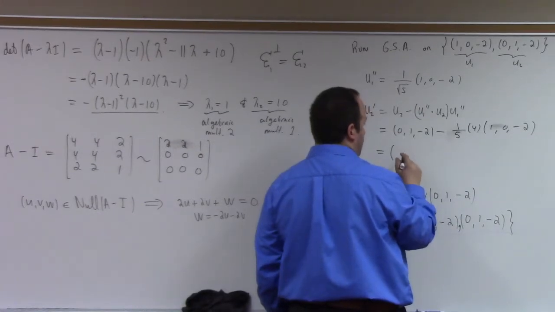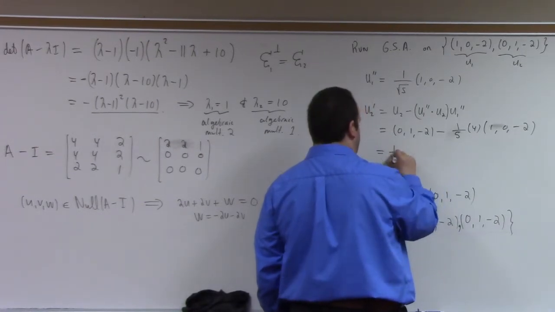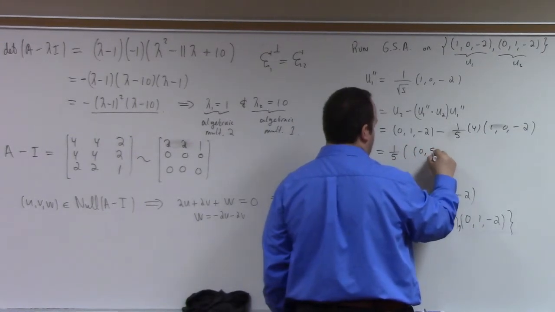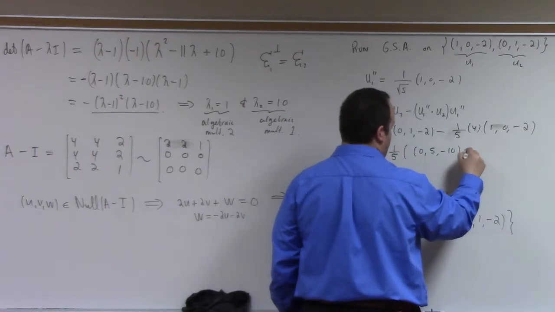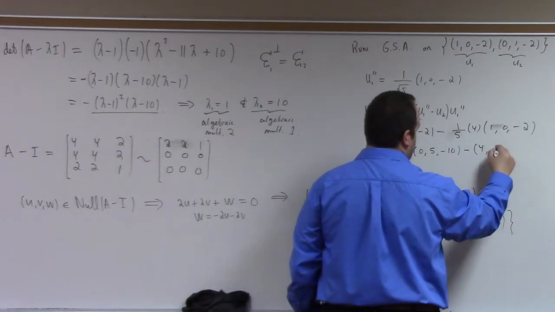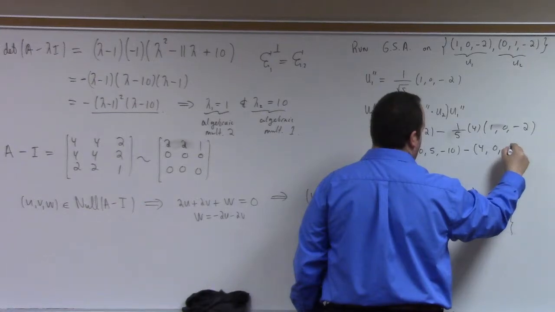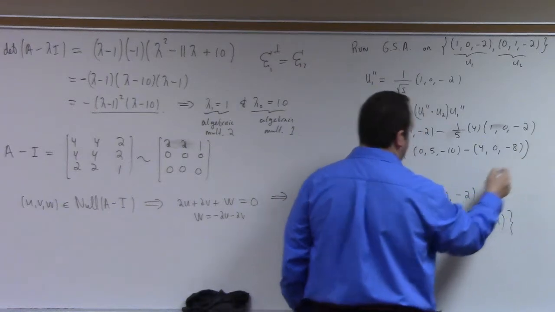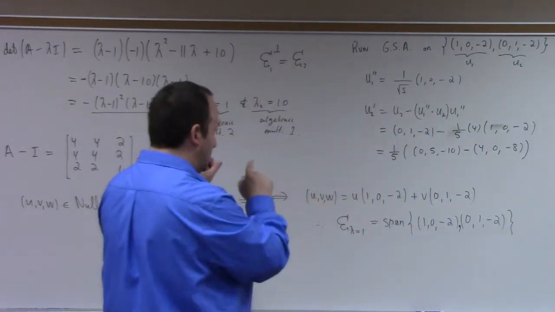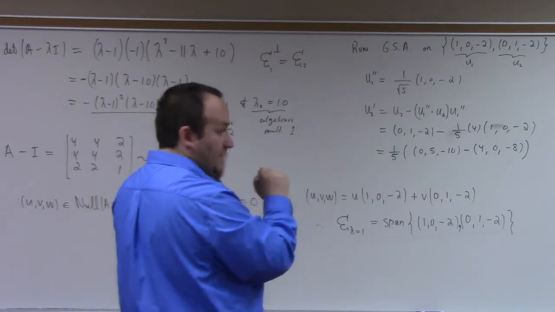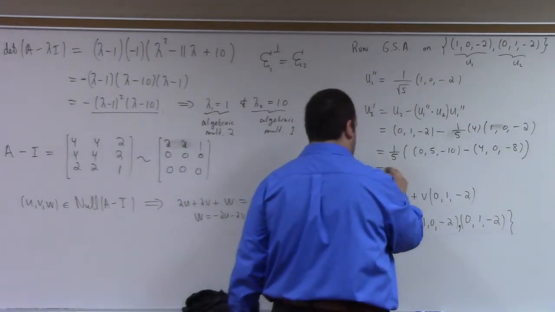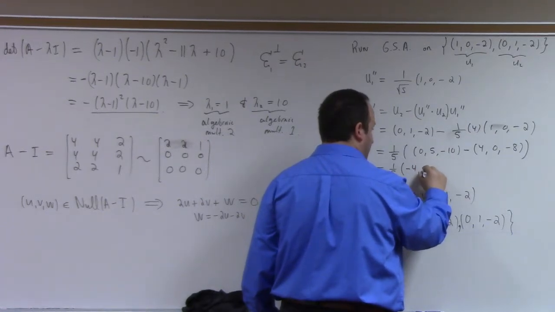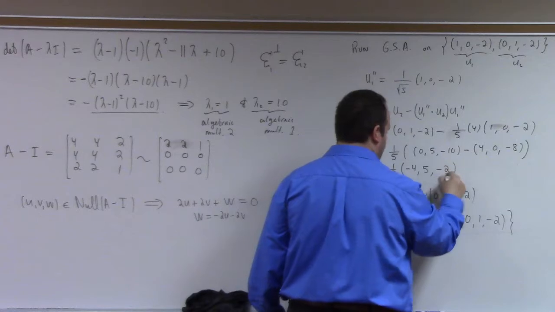Let me put a 5th out front and do this calculation with a 5th factored out. So we've got (0, 5, minus 10) minus (4, 0, minus 8). I gotta be careful about the signs here. Just sort through that for a second. Yeah, okay. And so 1/5 of what we got? (Minus 4, 5, minus 2), yeah?